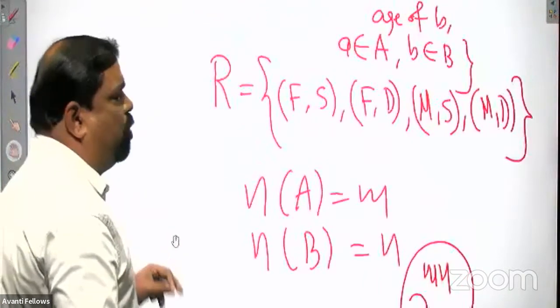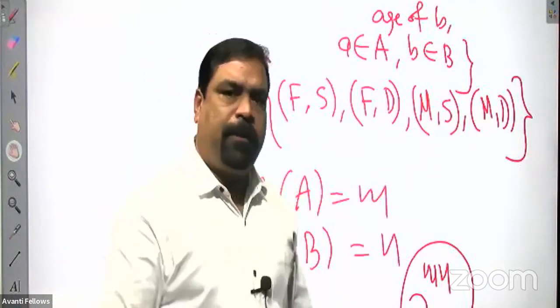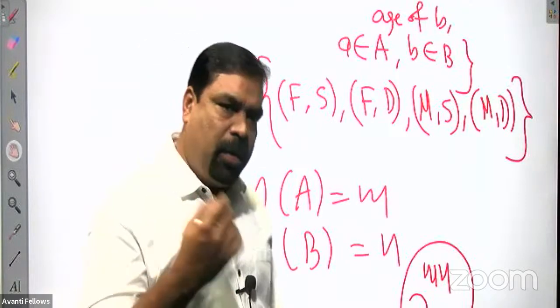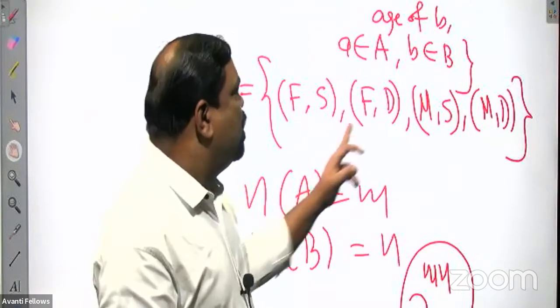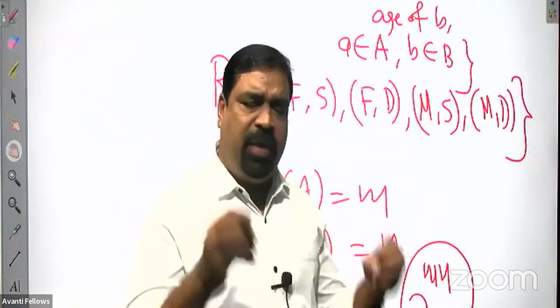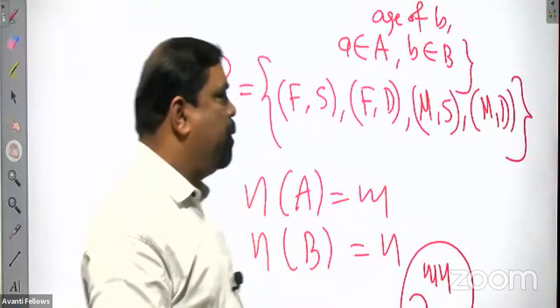And we know what is domain. Domain means the set of all the first elements, and the range means the set of all the second elements. All these things are very fundamental things only. Just I am recalling. That's all.